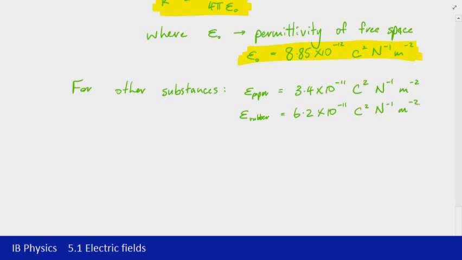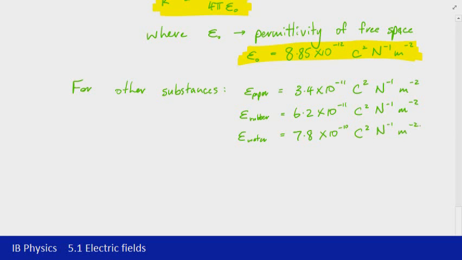The last one that we'll jot down is water, and it probably doesn't surprise you that for water it's even higher again. It's 7.8 by 10 to the negative 10. So it's not just a little bit higher, it's actually a factor of 10 higher.